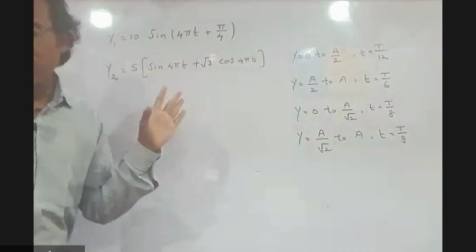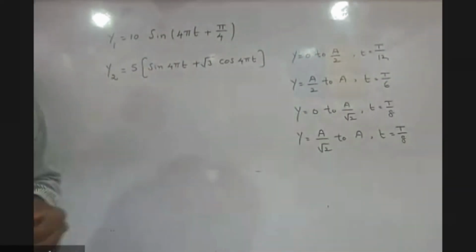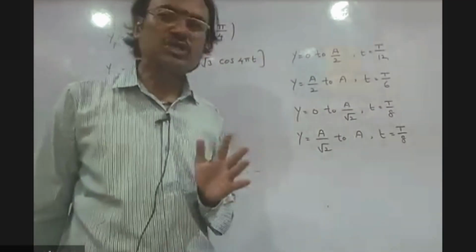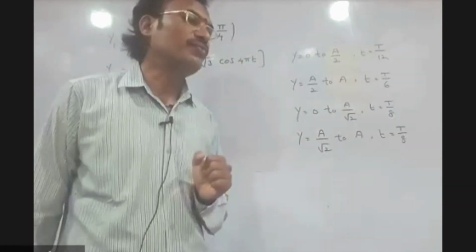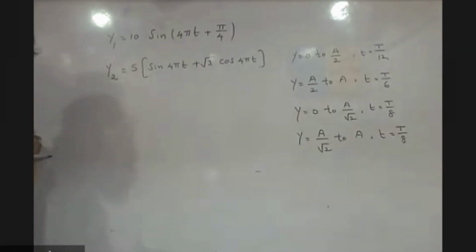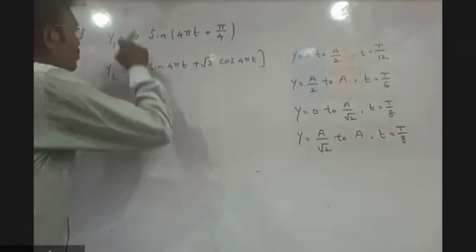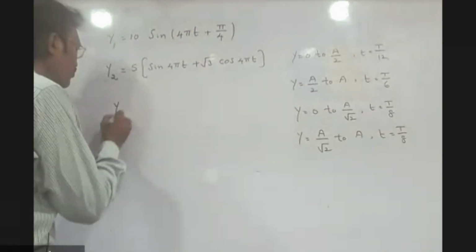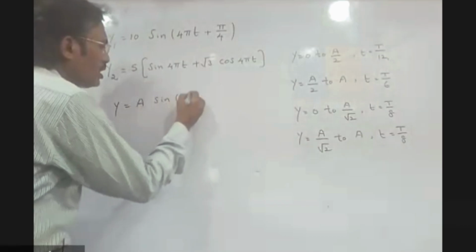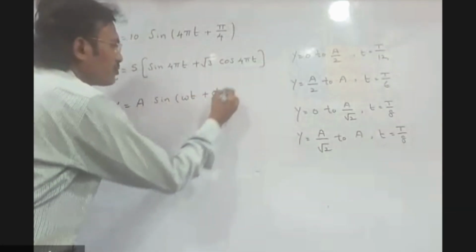Okay, so what's the question? Calculate the ratio of their amplitudes, that we need to calculate. Now see here, these two equations are to be in the form of y is equal to A sine omega t plus phi.